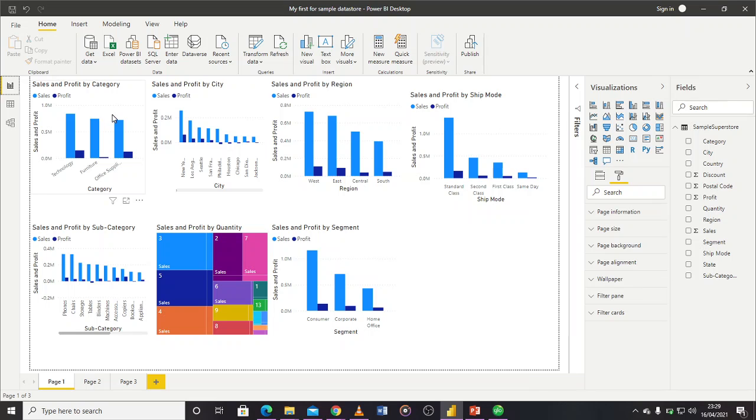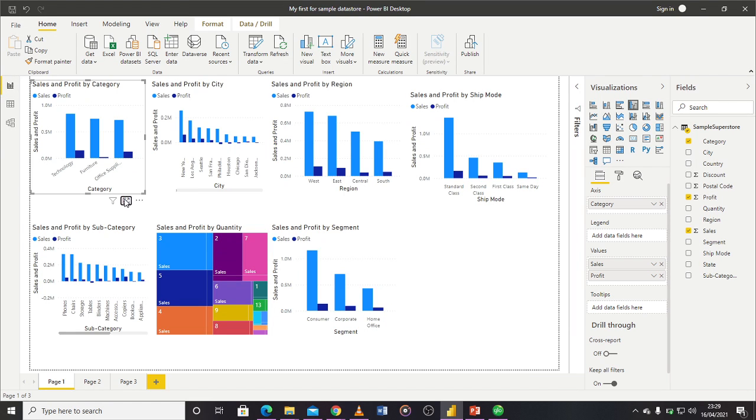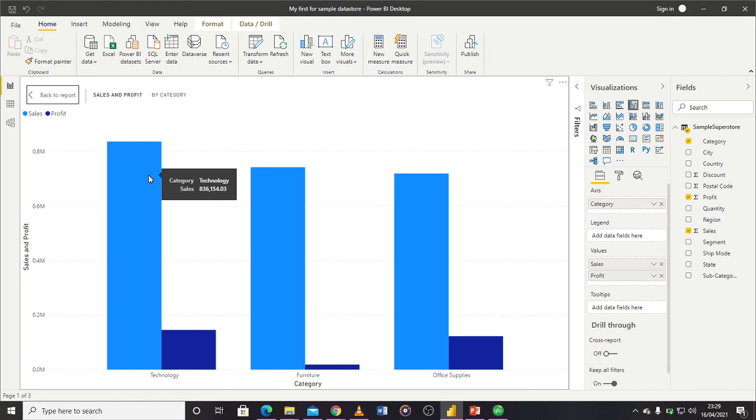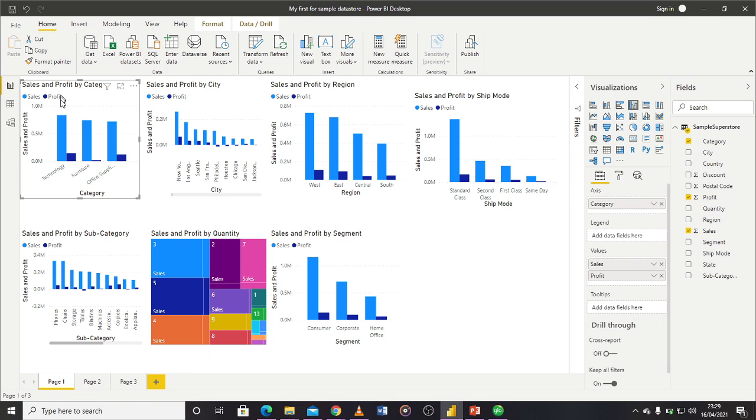The first feature we are looking at is category. We can see that technology has the highest sales and profit, while furniture has the lowest profit. That's a weak area that needs work.